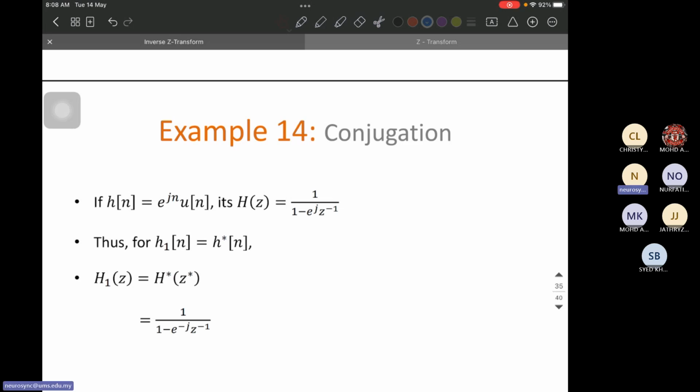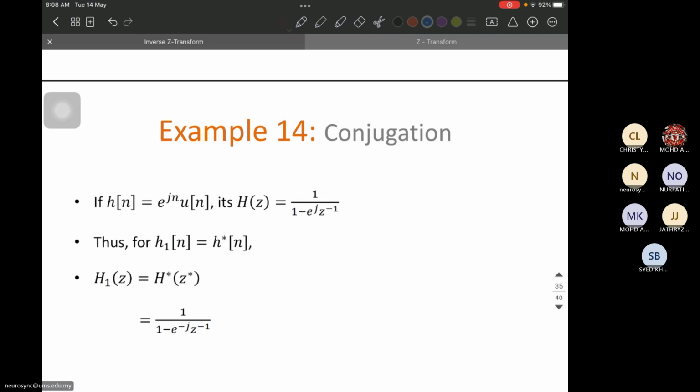Now find the conjugate of this h of n. So h of n conjugate we can find out like this. The z transform for this conjugate is nothing but h conjugate of z conjugate. So if you apply this here, you will get the answer like this.